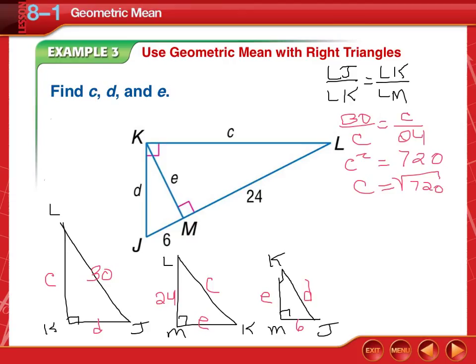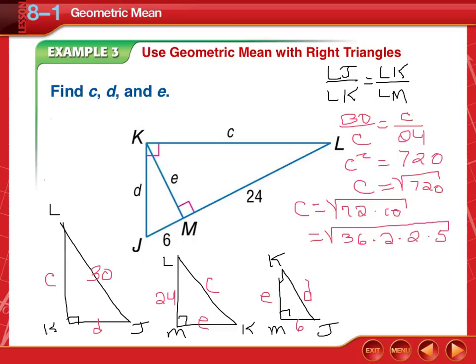And let's try to simplify that a little bit. C equals, the first thing that comes to my mind with 720 would be 72 times 10. And we can write 72 as 36 times 2. 36 is a perfect square. And 10 is 2 times 5.